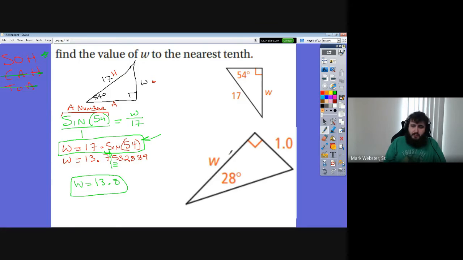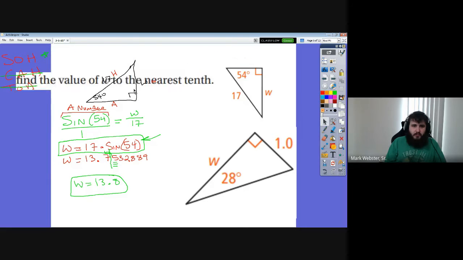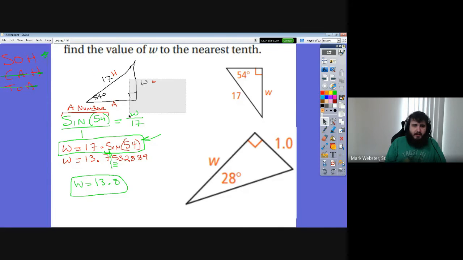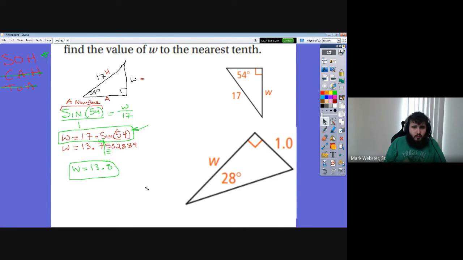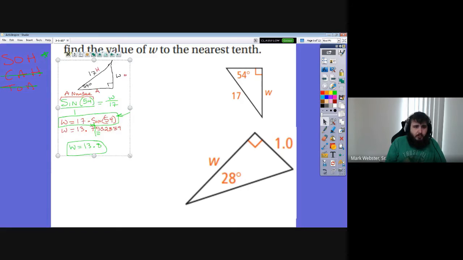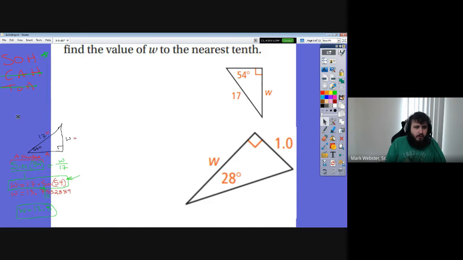All right, let's do this exact same problem here together. I'm going to take this, not that. I'm going to take this. Hopefully it'll let me take just what I've written. I'm going to squish it down just a little bit. I'm going to move it off to the side. And we're going to do the exact same idea.